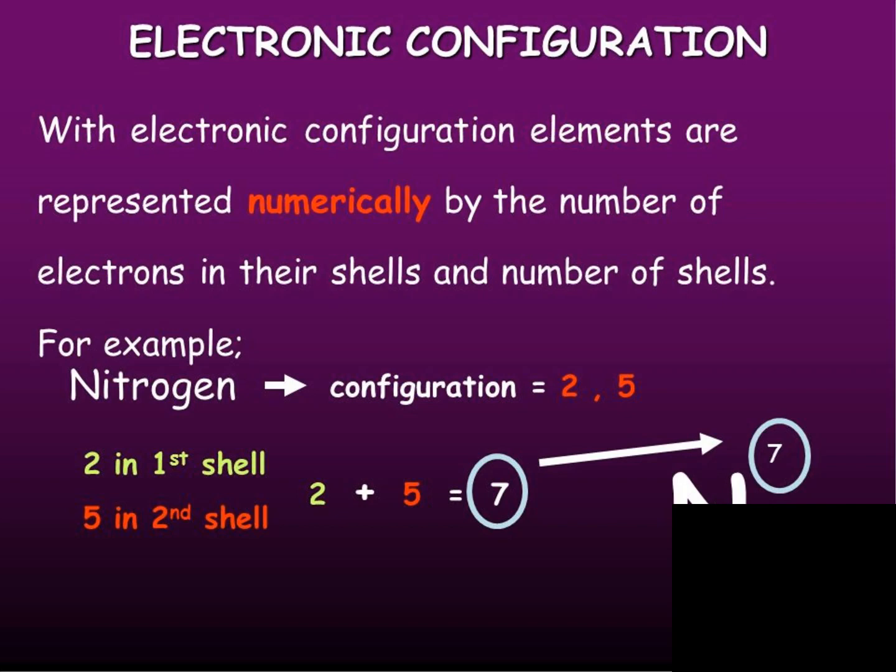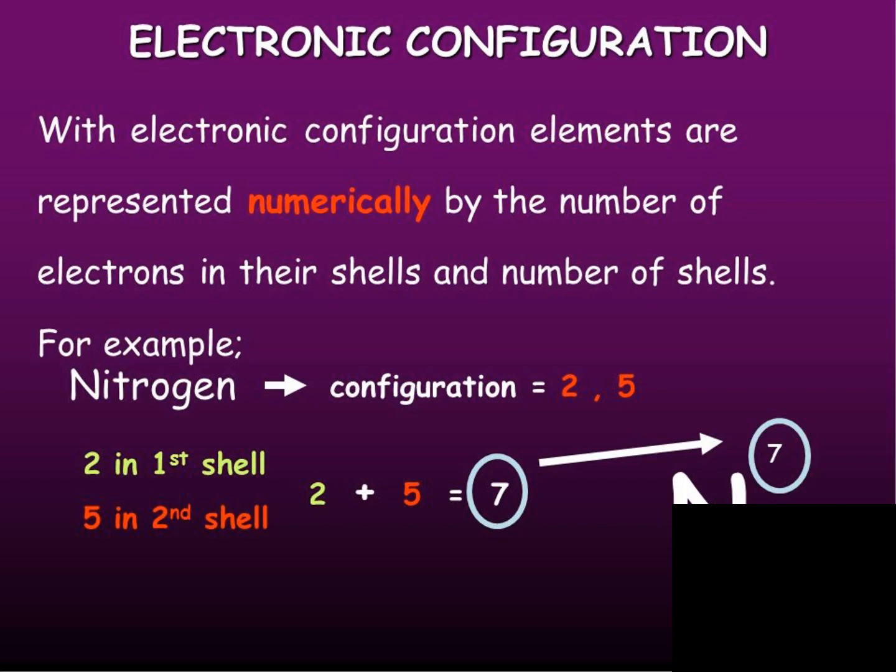With electronic configuration, elements are represented numerically by the number of electrons in their shells and the number of shells. For example, let us take nitrogen. What is the nitrogen atomic number? 7.